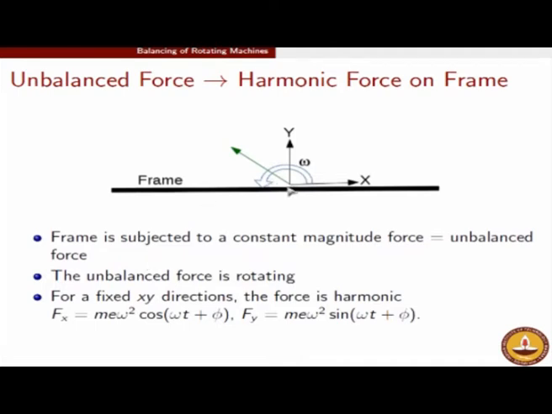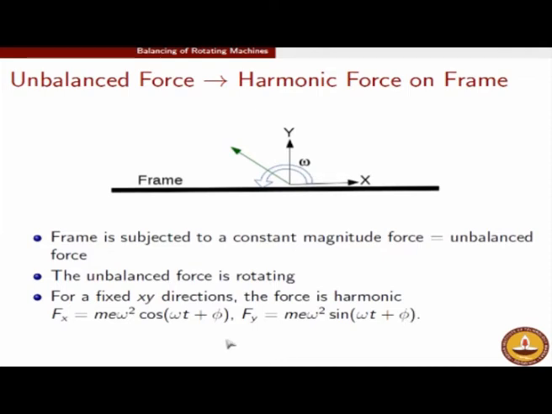But if you look at the component of this force in some particular fixed directions x and y, you will see that it is the cos and the sine component of m e omega square. So the component of this force F along the x direction will be m e omega square cos of omega t plus phi, and similarly along the y direction it will be sine of omega t plus phi.